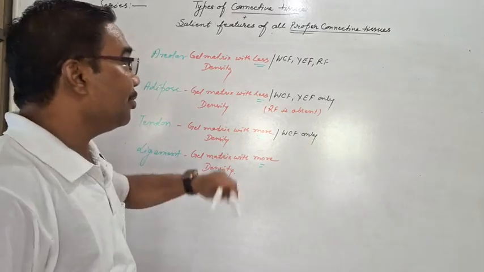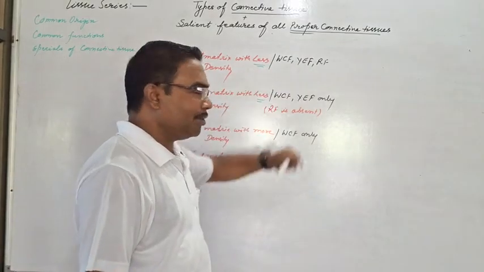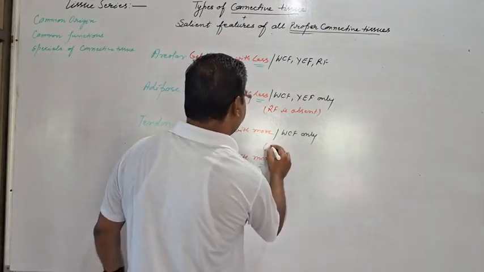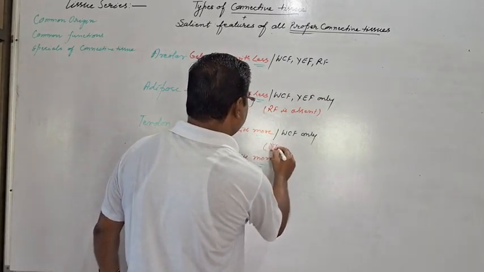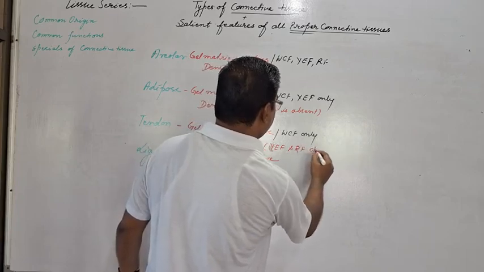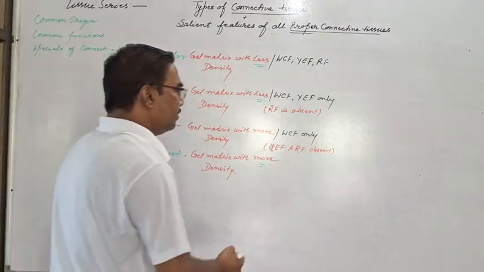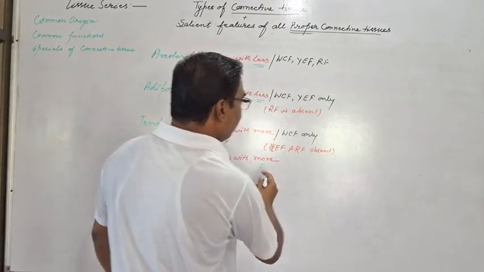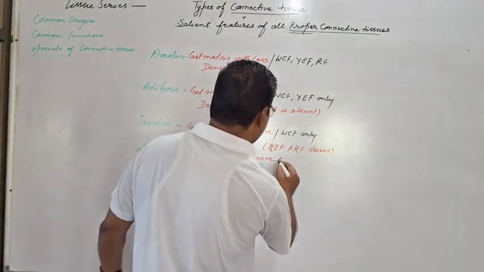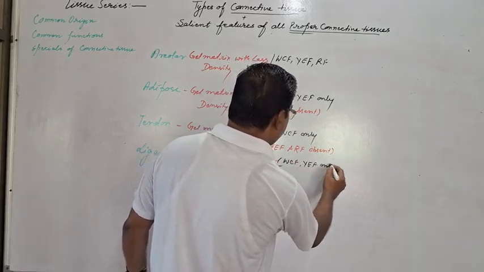So you can write the note that yellow elastin fiber and reticulate fiber are absent here. Okay, I'm writing. In a ligament, only two types are present, except RF: white collagen fiber and yellow elastin fiber only.